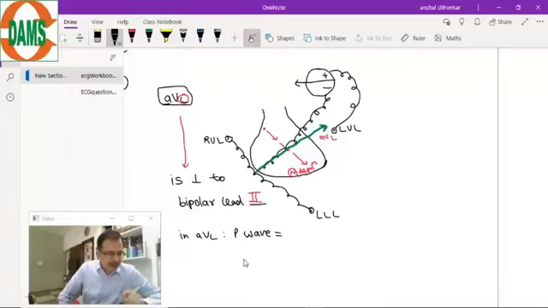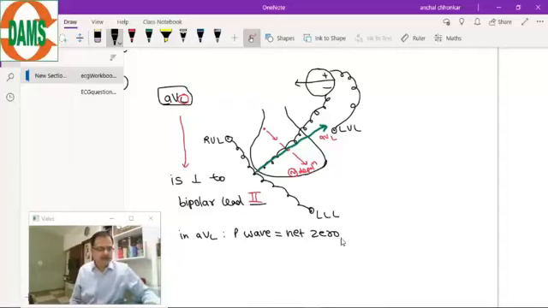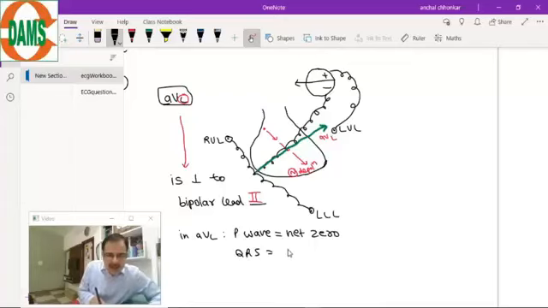It will be perpendicular to lead 2, so it will show a net zero deflection. Yes, it will be net zero because the current is moving almost perpendicular to lead AVL. It is perpendicular to the current, and for the QRS, again the net will be almost zero.